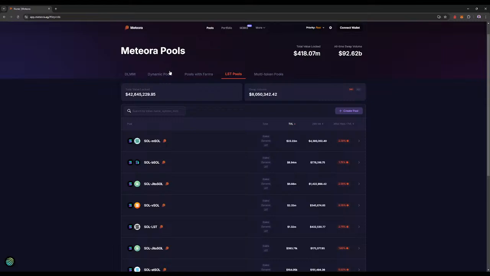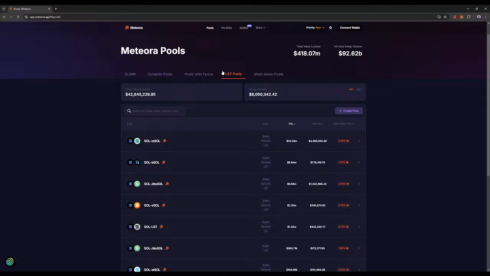In the case of LST pools, Meteora has not made use of those oracle price feeds, and rather takes the price of the LST tokens from the chain itself.